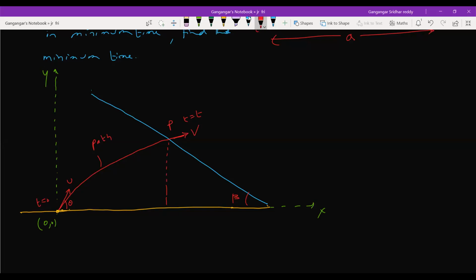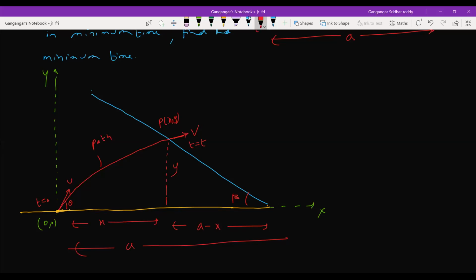Now what is the distance given? Let it strike the inclined plane at point with coordinates x comma y. So this will be y, and this distance will be x here. This distance will be a minus x, because the distance is given as a. Get ready with all this.